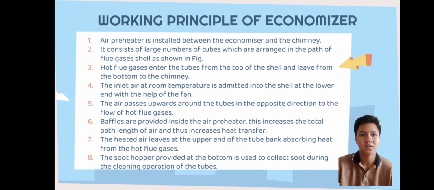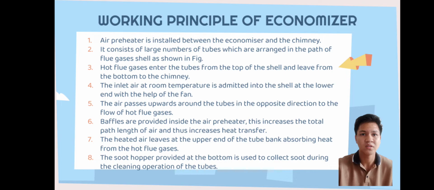Number four, the inlet air at room temperature is admitted into the shell at the lower end with the help of a fan. Number five, the air passes upward around the tube in the opposite direction to the flow of the hot fuel gas.